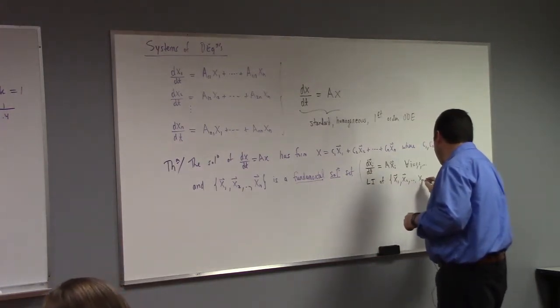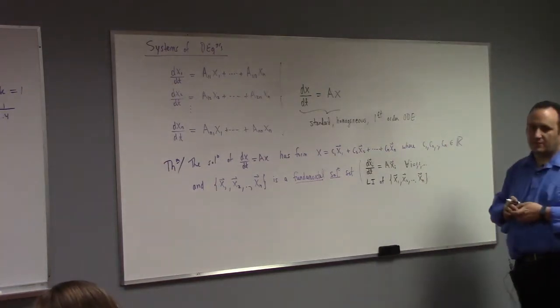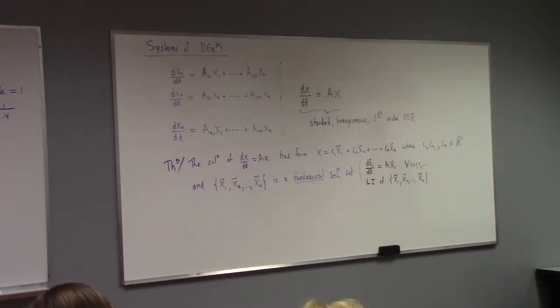Now, this is linear independence in a set of functions, matrix-valued functions of a real variable. So that's something we really haven't looked at this semester, but it's defined in the same way that we talked about linear independence. It's much like linear independence of, say, a set of continuous functions or something, all right? That makes a fundamental solution set.